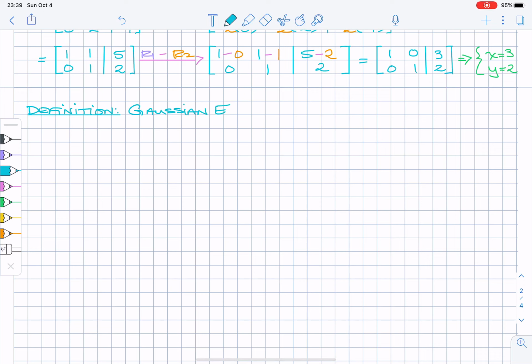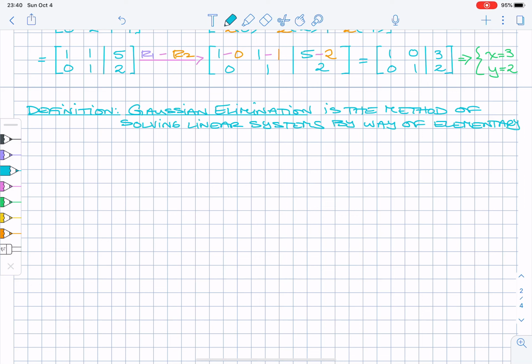Gaussian elimination is the method of solving linear systems by way of elementary row operations. So basically what we've done above.